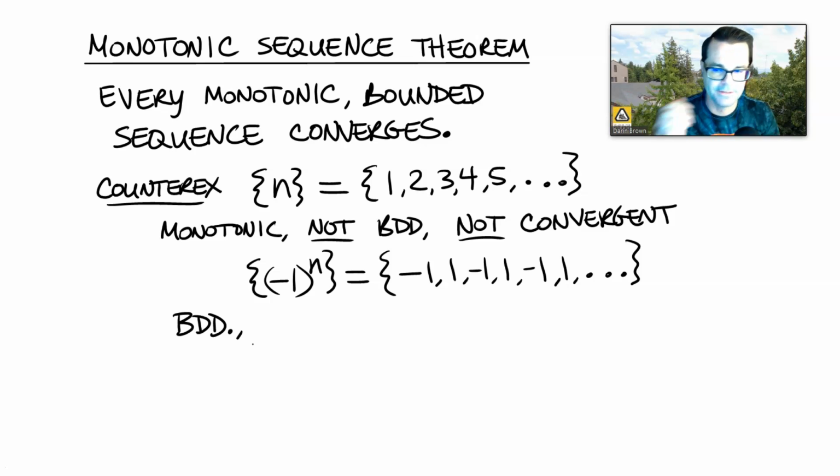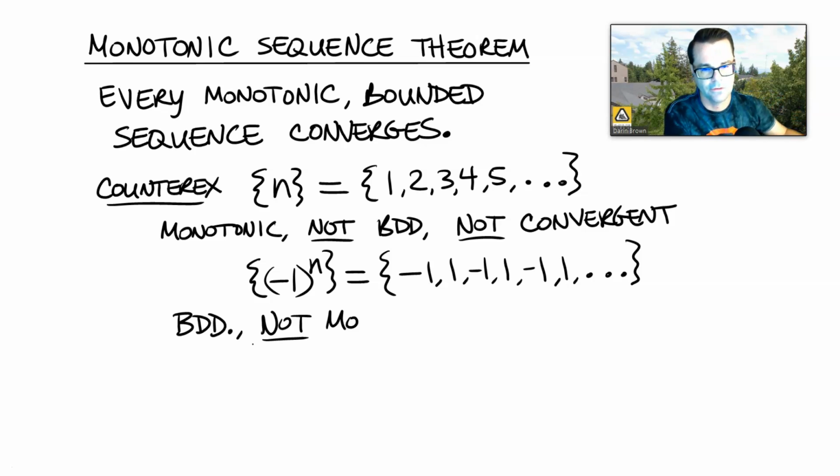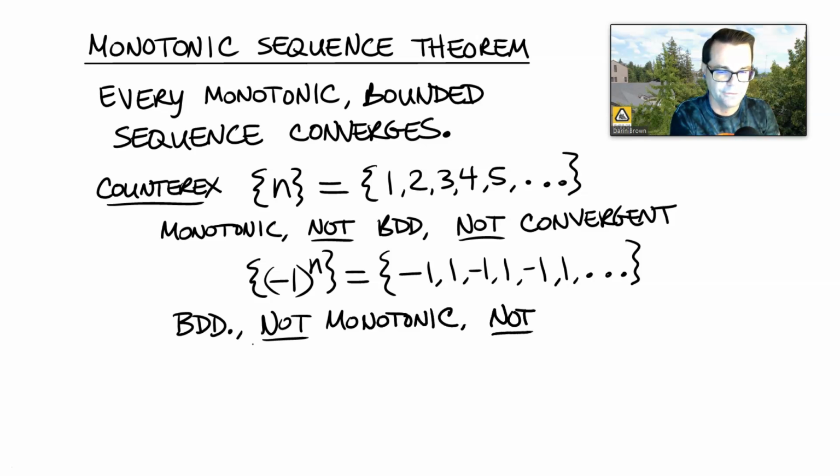In fact, they're always magnitude 1, but it's not monotonic because they're going back and forth. So there's never a point past which they're always increasing or always decreasing. And this does not converge either. This diverges. So here you can see that either one of these alone is not going to guarantee convergence. You need both of them.